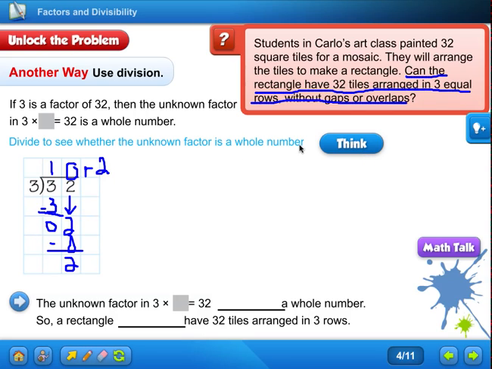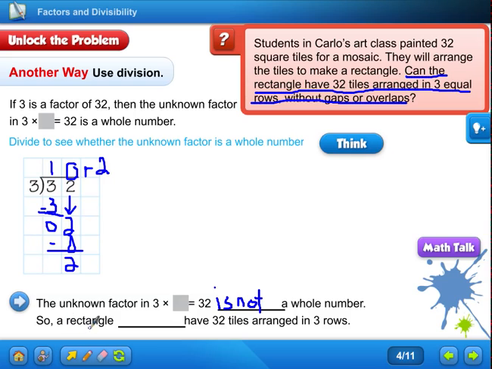The unknown factor in 3 times question mark equals 32 is not a whole number.